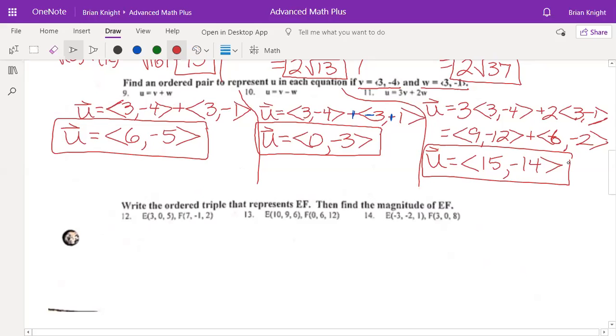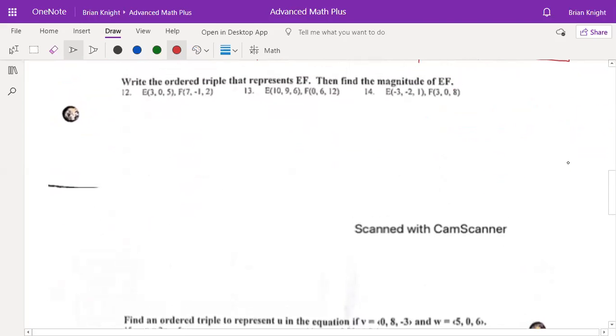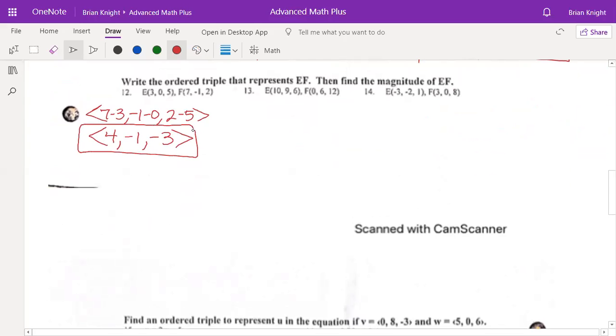So here for EF, my vector is going to be 7 minus 3, and -1 minus 0, and 2 minus 5. And I simplify that, that will be 4, and -1, and -3. Again, just like we had just finished doing, but with 3 dimensions now.